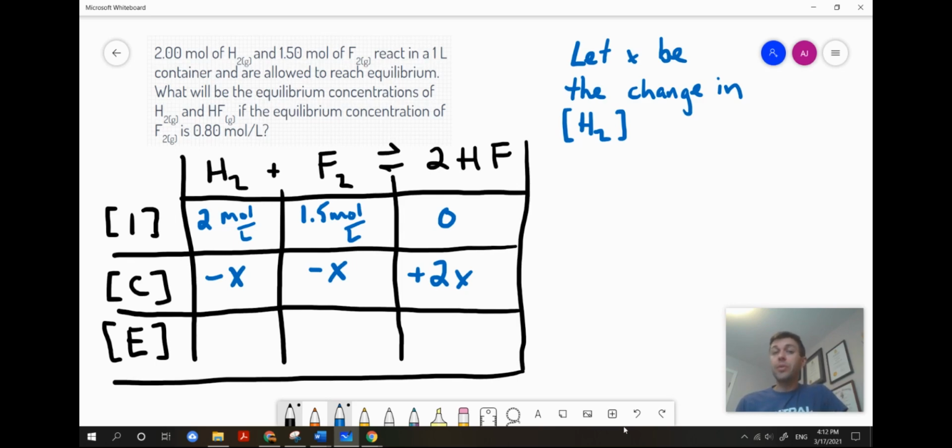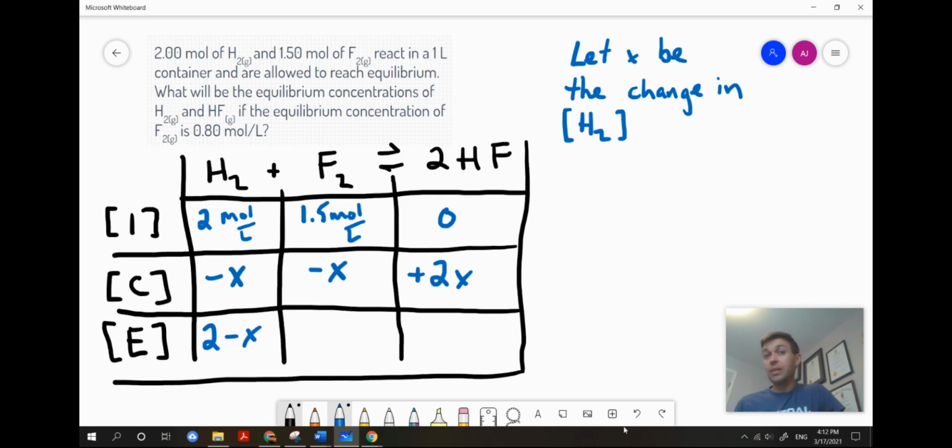The equilibrium concentration is equal to the concentration that we started with plus any change that occurred. So for hydrogen gas, we started with 2 moles per liter, and we decreased by x moles per liter. So I'm going to write that in as 2 minus x.